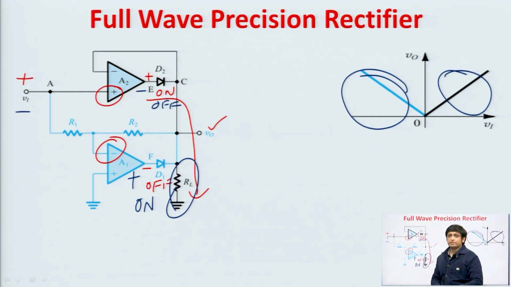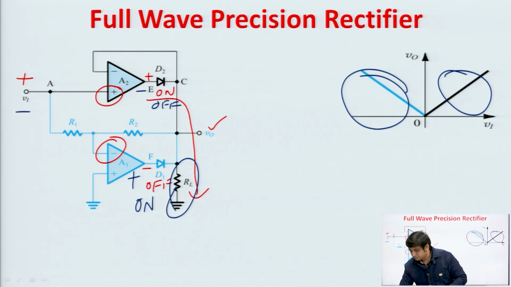So, in full wave precision rectifier we are using 2 op amps and 2 diodes, and with the help of these 2 op amps and 2 diodes we are making sure that the output voltage will be there. We will get the output voltage for the positive input voltage as well as for the negative input voltage. So, this is full wave precision rectifier.